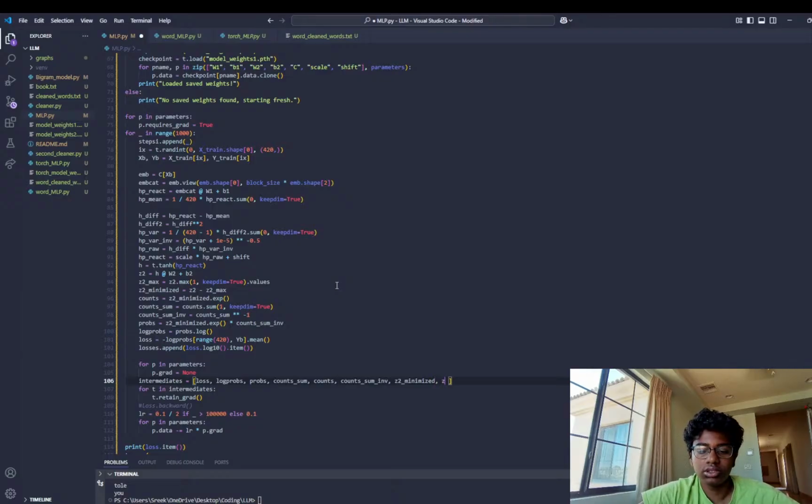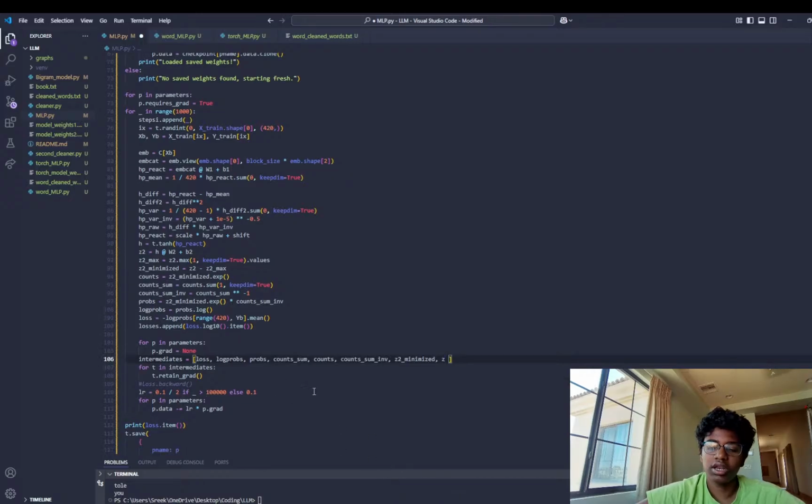Z2. I don't think we need Z2 max. Never mind, I think we might need Z2 max. We need Z2, obviously. That's a big one.